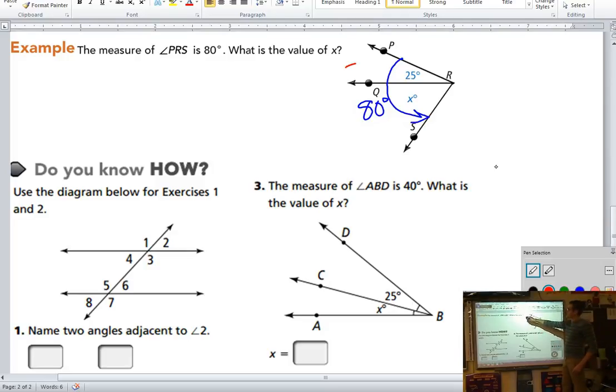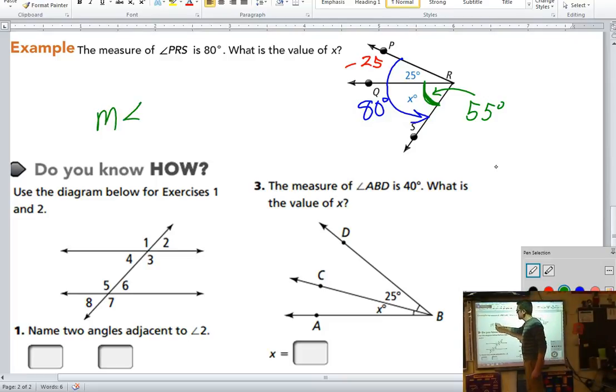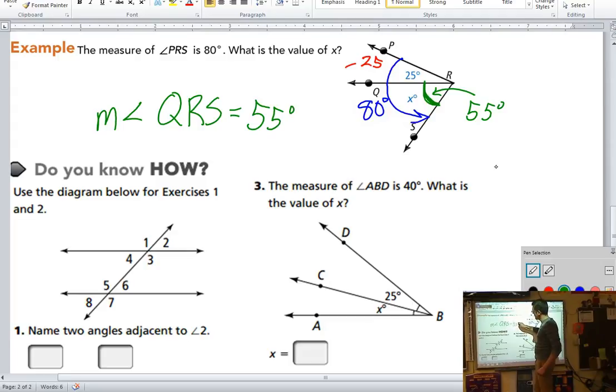If I get rid of the 25, what I have left is just the remaining angle right here. Well, 80 minus 25 is going to give me 55 degrees. So the measure of angle QRS is equal to 55 degrees, and that is going to be our value of x.